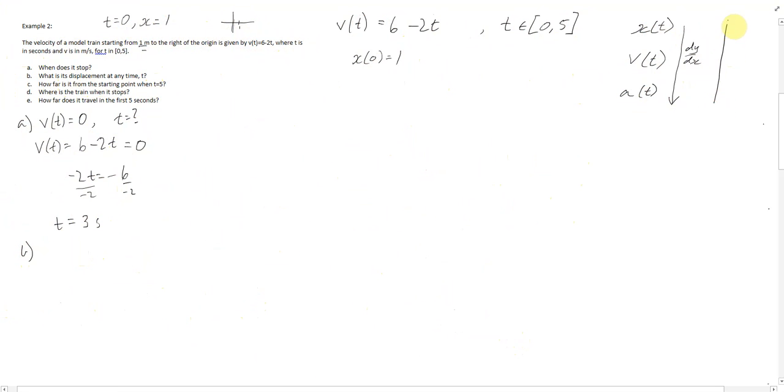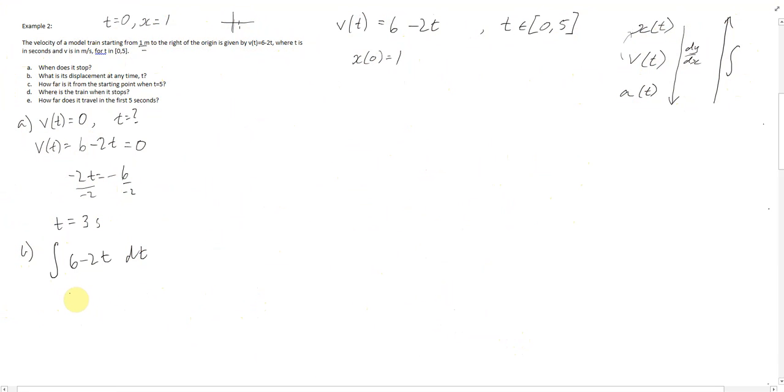Or to go the other way, we integrate to go backwards. So to go from displacement to velocity, differentiate, but to go from velocity to displacement, we anti-differentiate. So we know the velocity, but we need to know displacement, so we need to anti-differentiate here. So we need to anti-differentiate 6 minus 2t dt.